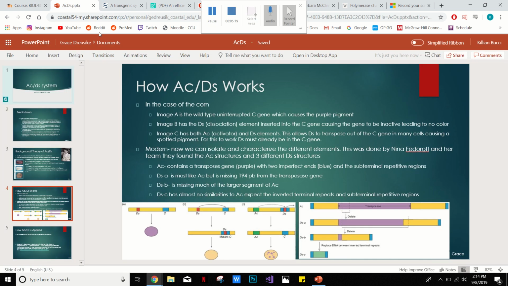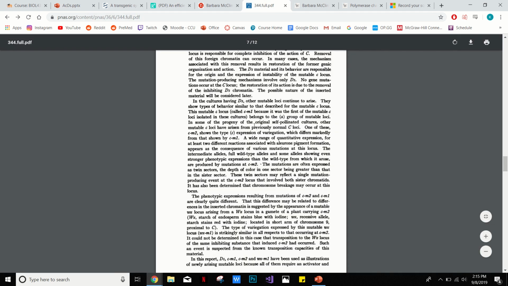And as well as this, we know that if the Ac factor is there, as well as the C after the Ds leaves, it'll produce a mixture of the two right here. And she explains this in this paragraph right here.